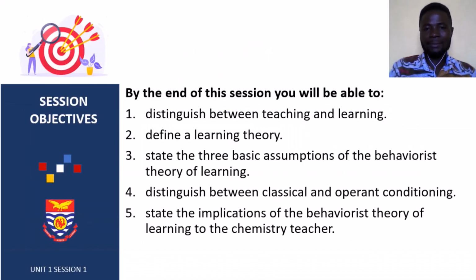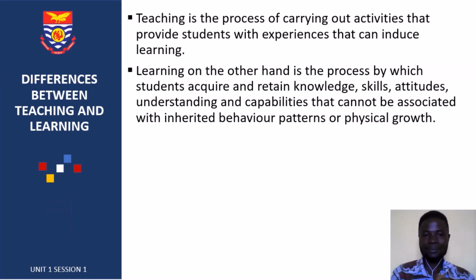Our objectives are to distinguish between teaching and learning, define learning theory, state the three basic assumptions of the behaviorist theory of learning, distinguish between classical and operant conditioning, and finally state the implications of the behaviorist theory of learning to the chemistry teacher. So let's get started with our first objective.